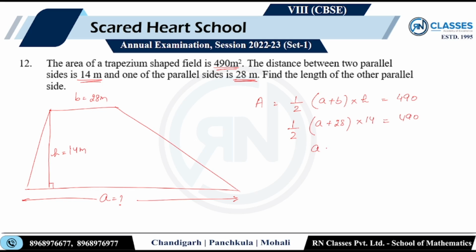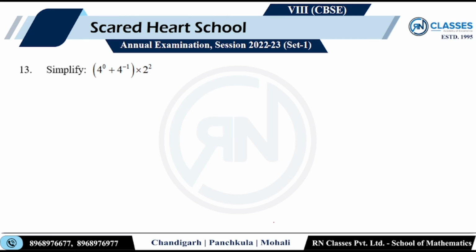So A plus 28 is equal to 490 into 2 by 14. 7 2s are 14, 70 times. 2 goes over here. A is equal to 70 minus 28. So A is 42. There you go. Quite simple, straightforward.